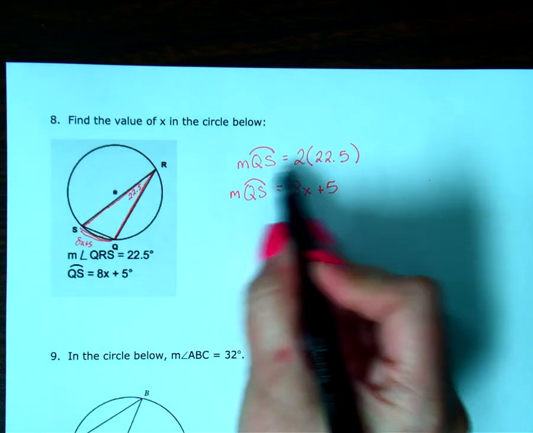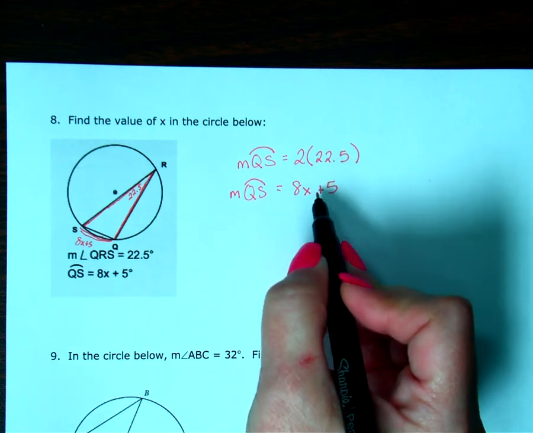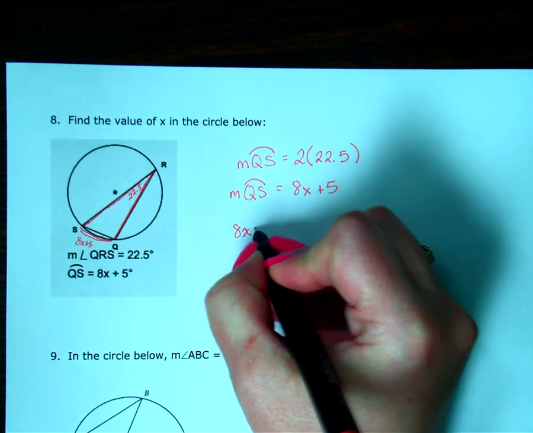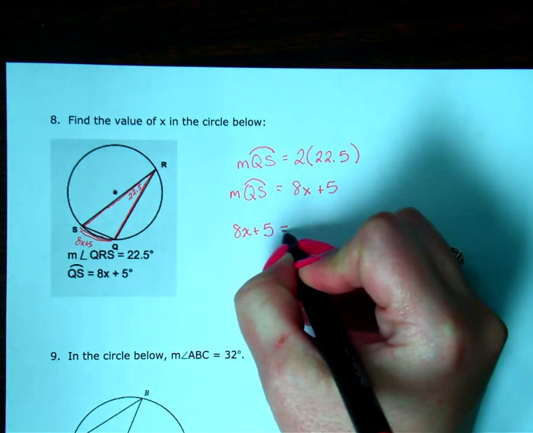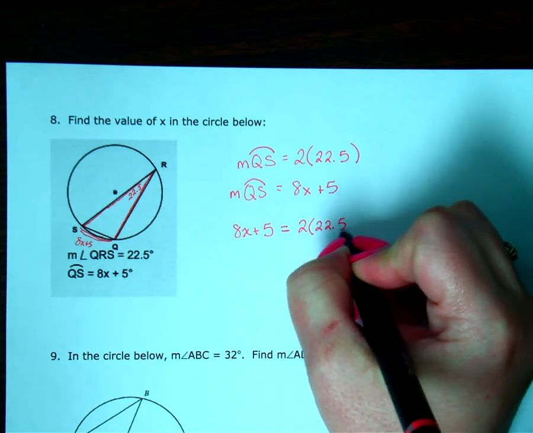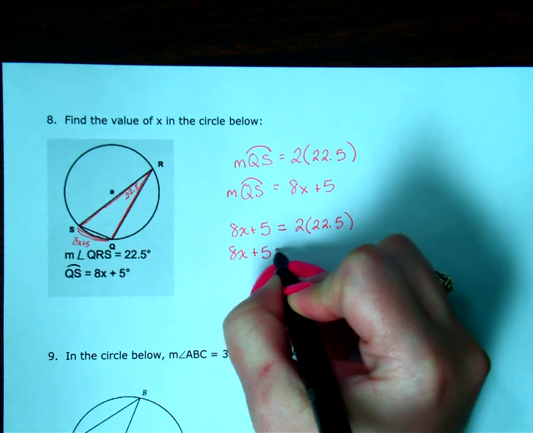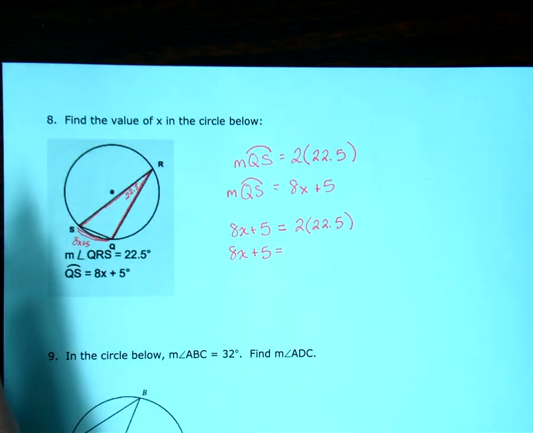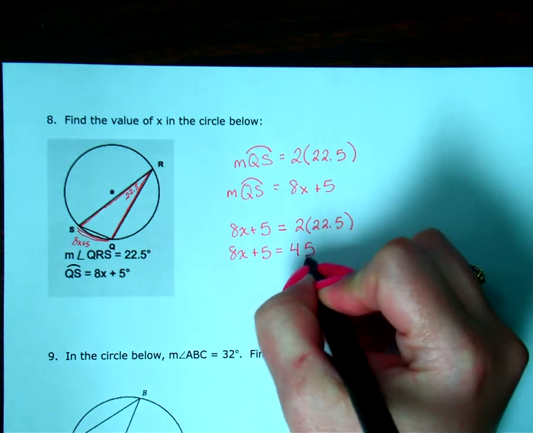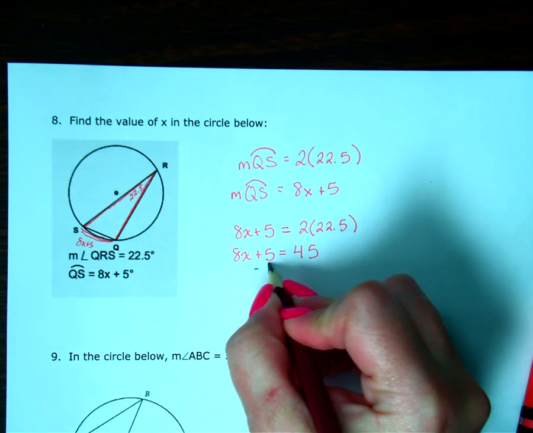So if the measure of arc QS equals both of these things, that means these two expressions are equal to each other. So this 8x plus 5, using substitution, has to be equal to 2 times the 22.5, which we can actually do that part, right? 8x plus 5 equals 22.5 times 2 is 45. And now we'll just do a little bit of algebra 1. Subtract 5 on both sides.